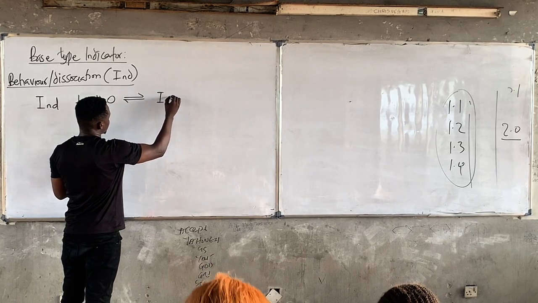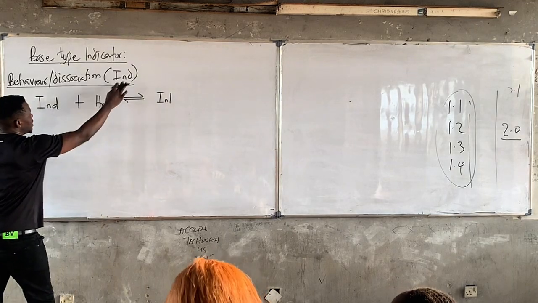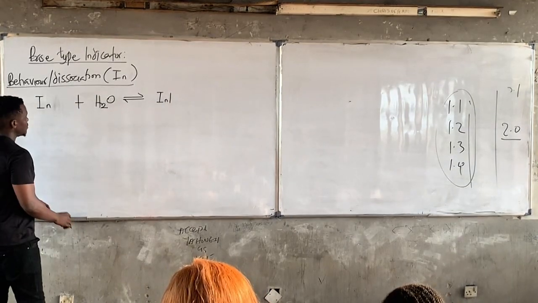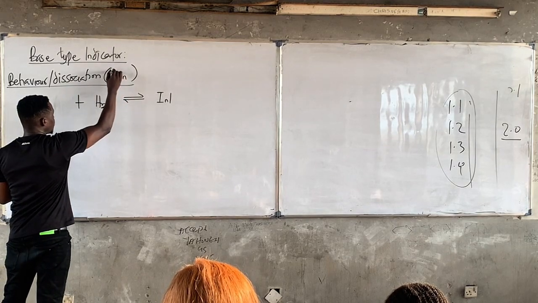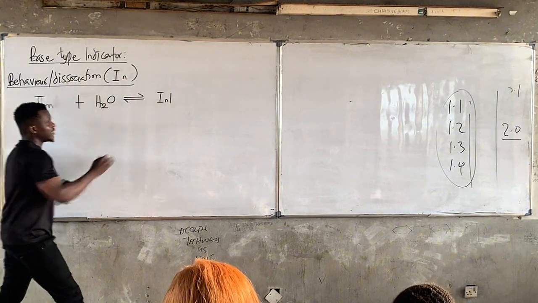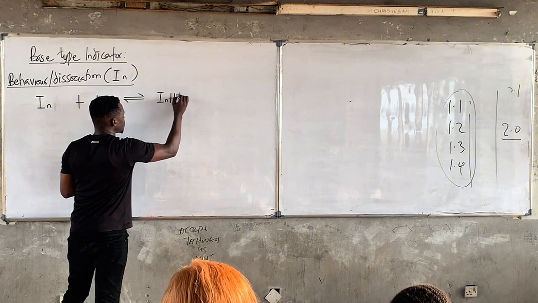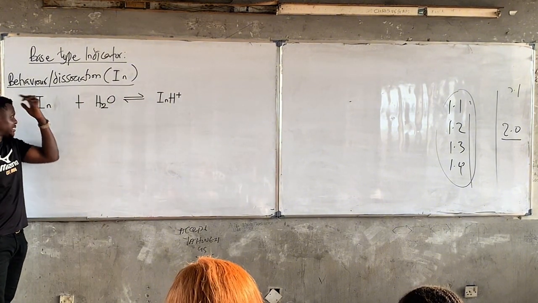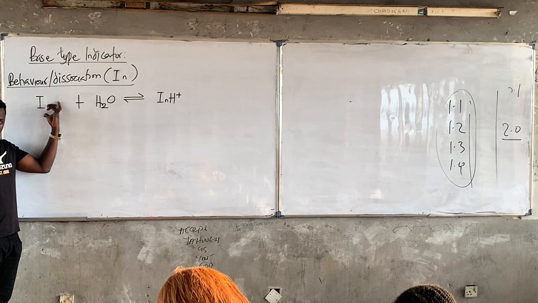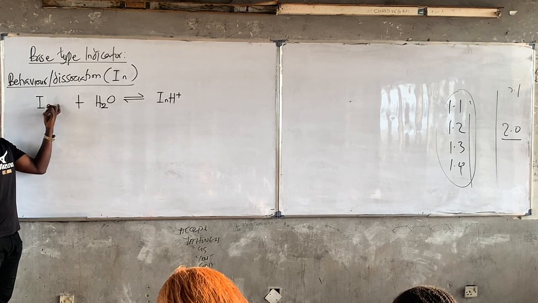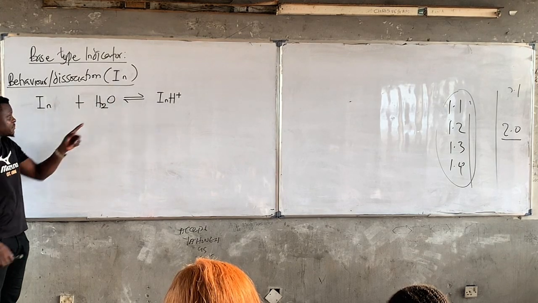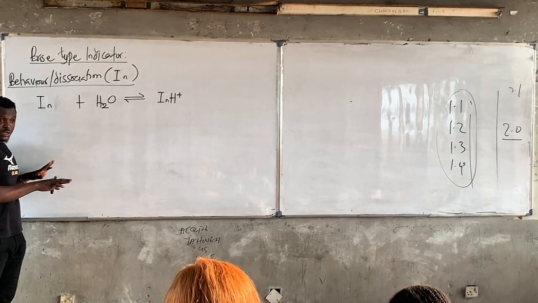Let's remove this and just use this as base type. So when this receives a proton, it becomes what? The reason why we are putting plus is because this guy is neutral. If something is neutral and plus comes here, it's going to be positive. And if it was minus, that is going to be neutral.